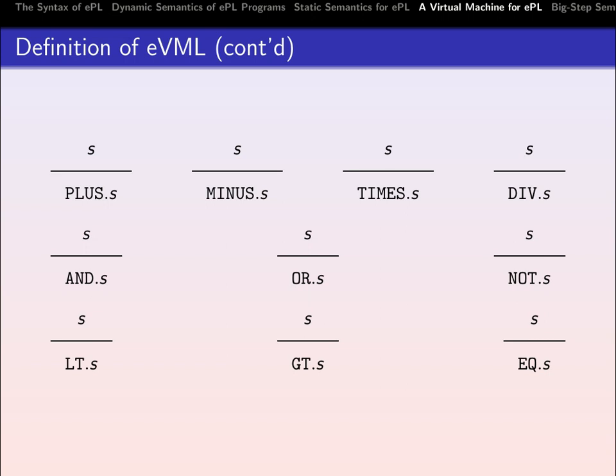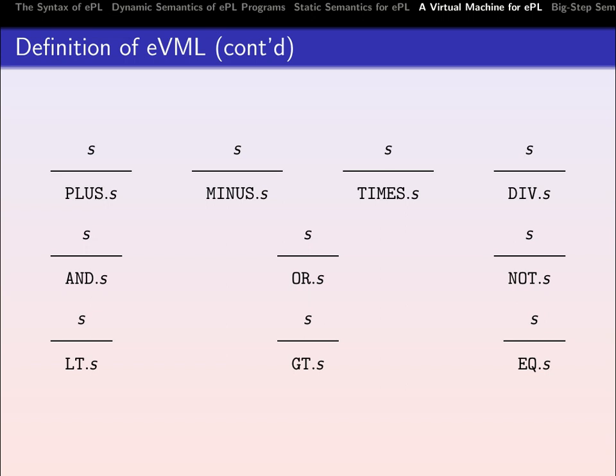So plus will look for the arguments in the stack. We'll pop 2 of them out. We'll perform the addition. We'll push back the result. So we're going to have a virtual machine whose final result is always at the top of the stack. All the binary operations are popping 2 elements, performing the operation, pushing back. All the unary ones are popping 1 element, performing the operation, pushing back the result, right?